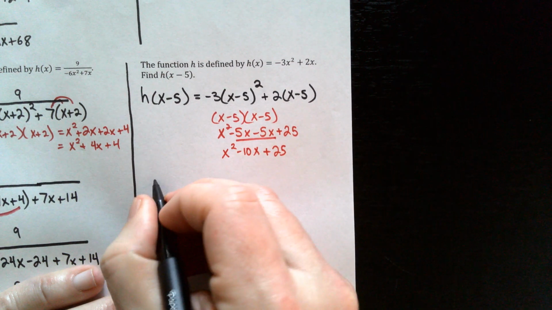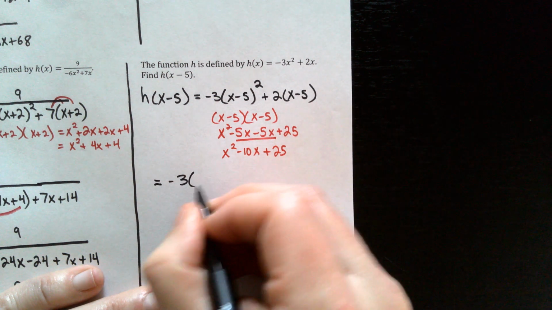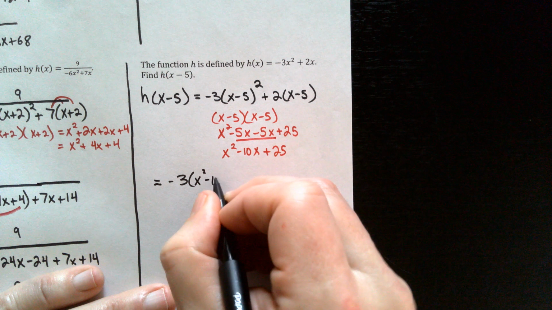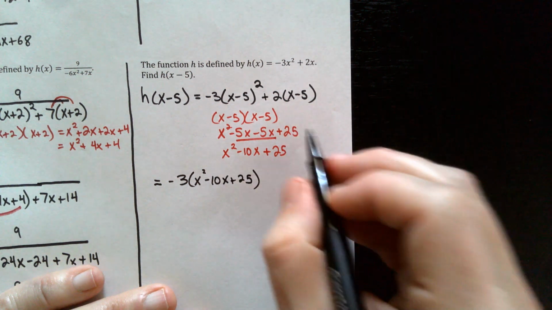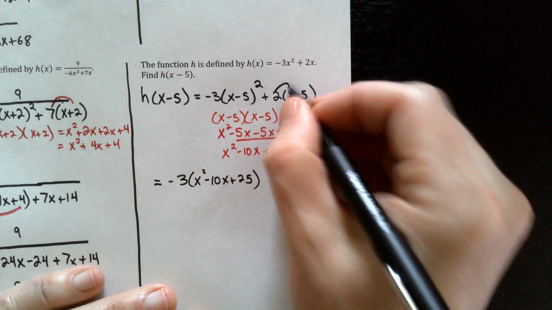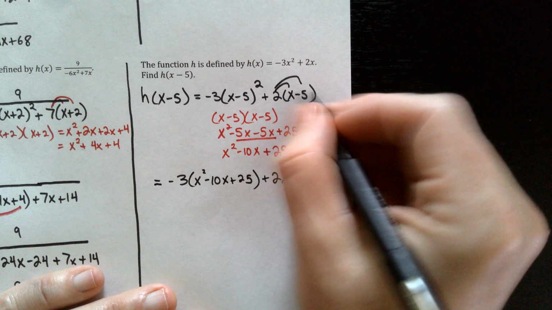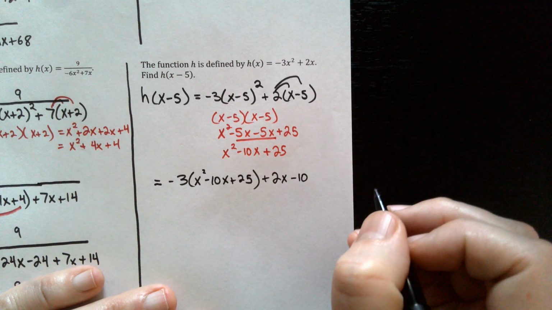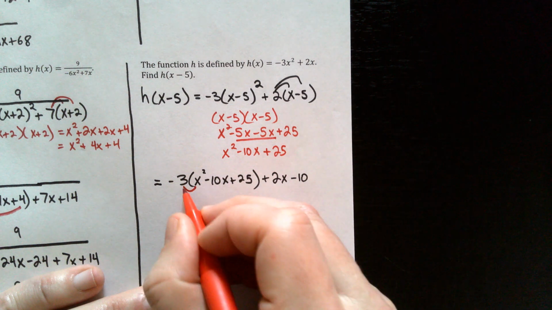Okay, so that gives us negative 3 times that stuff I just multiplied, so x squared minus 10x plus 25. Okay, and then I can go ahead and distribute this if I want. So plus 2 times x is 2x, and then 2 times negative 5 is negative 10. Okay, one more distribution and then we'll combine like terms and be done. So here we go.